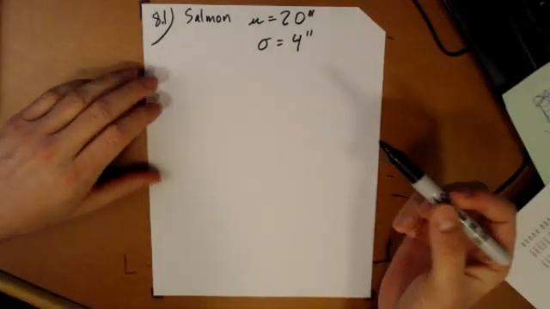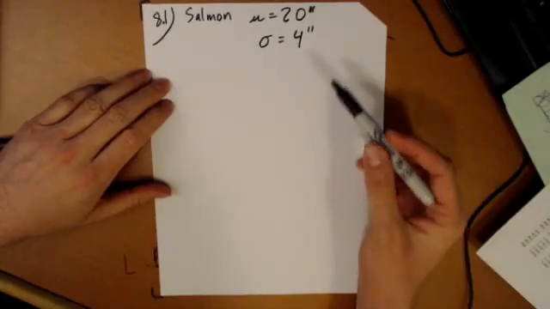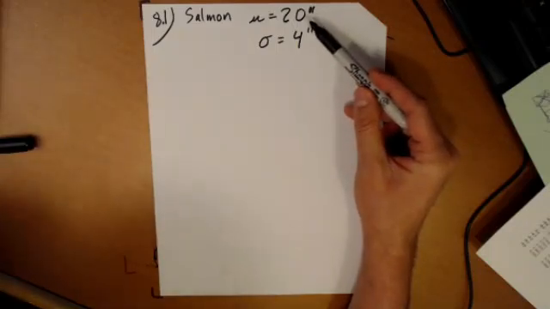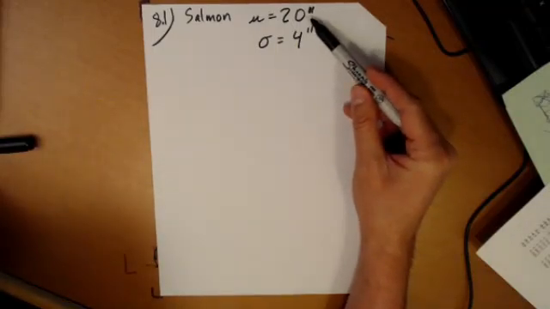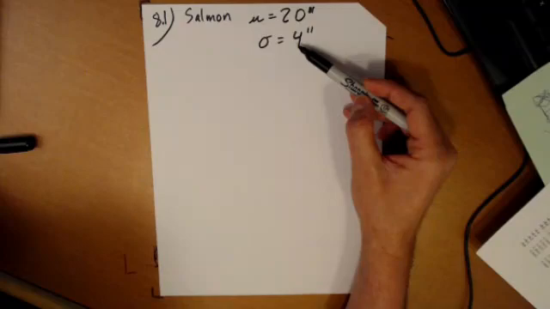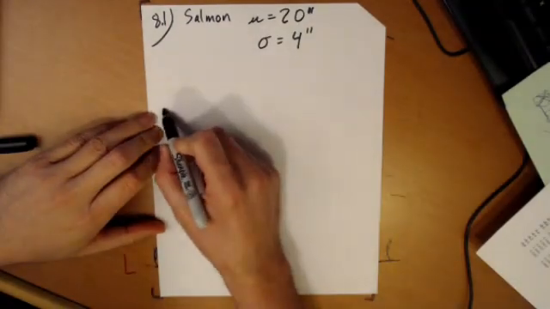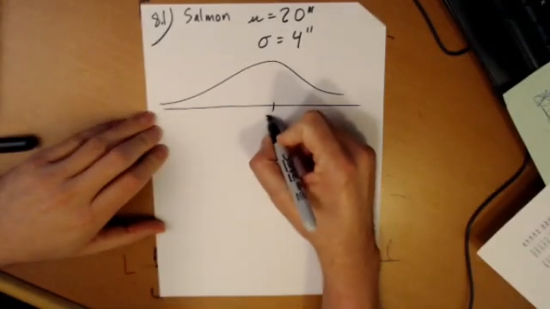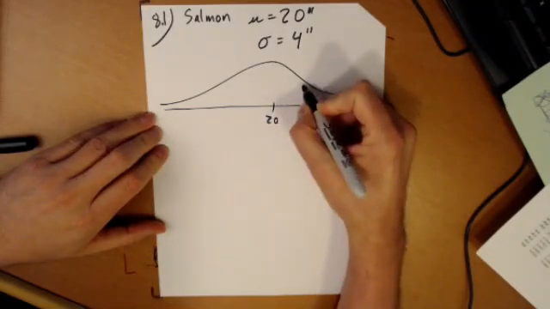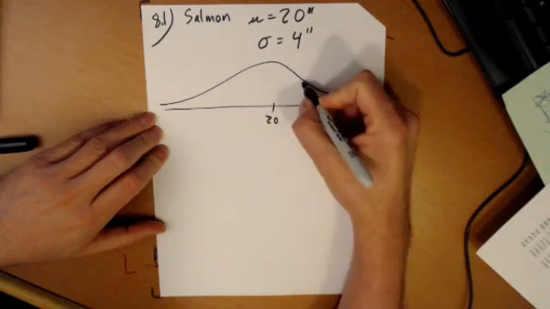So let's use our familiar example of salmon. Let's pretend we magically know that the average length of a salmon is 20 inches with a standard deviation of 4 inches. So we just magically know this for some reason. If I were to draw a picture of it, it would look something like this.